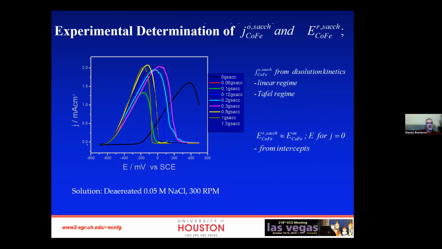All right, so first thing we've done, we have taken these old films and we were just applying linear polarization, which means we would just go and apply more and more positive potentials, and we were looking how these films dissolve. And those are the dissolution peaks. And interestingly enough, this black curve is the alloy that is produced without any saccharin in the solution. And you have to really go about 400 millivolts more positive to see anodic dissolution of the film.